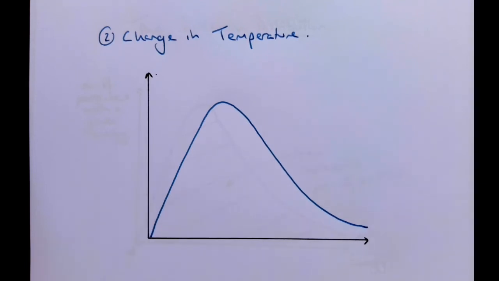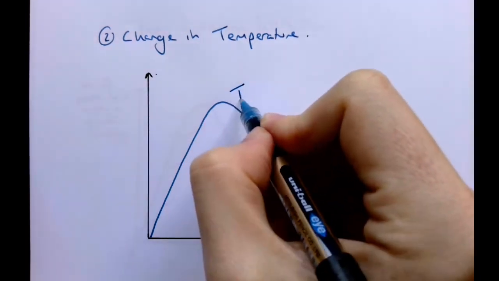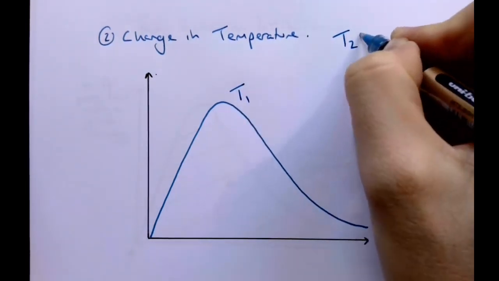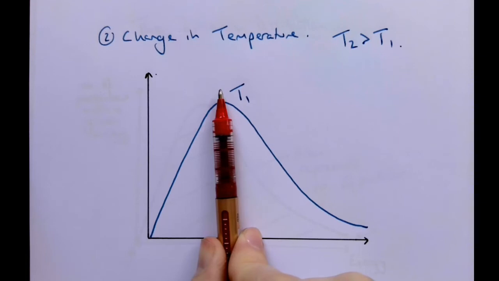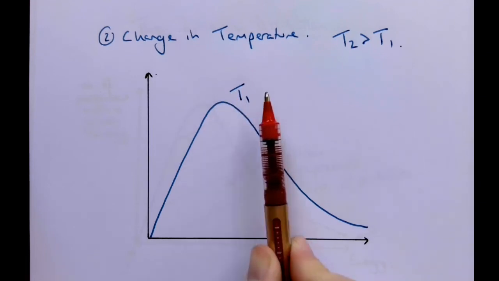So the area underneath the curve needs to remain the same. But if I'm going to increase temperature, let's say I'm going to have a second one where T2 is greater than T1. I'm going to increase the average temperature, which means that this peak is going to shift to higher energy.